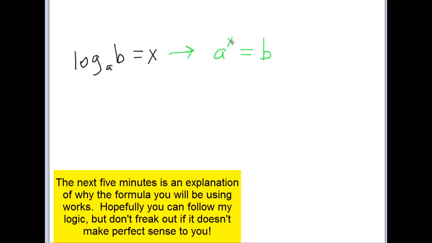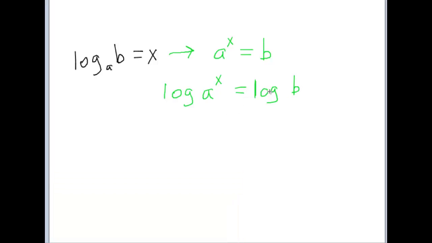So a to the power of x equals b. These two statements are equivalent. Now I'm going to go ahead and take the log base 10 of both sides. And so I'm going to call this log of a to the x. When we do base 10, we don't write the 10 there. It's understood, kind of like square root, the 2 is understood. So log of a to the x is equal to log of b.